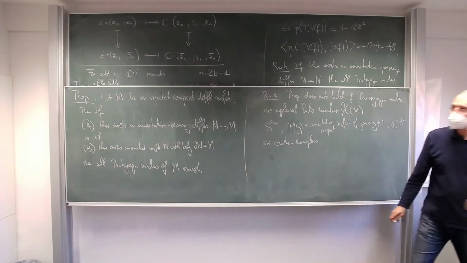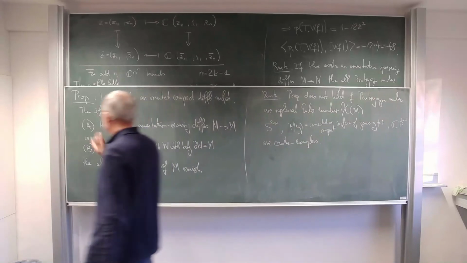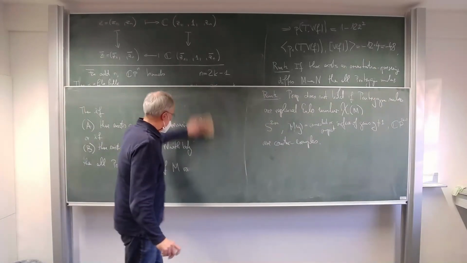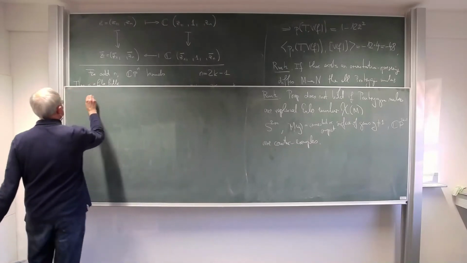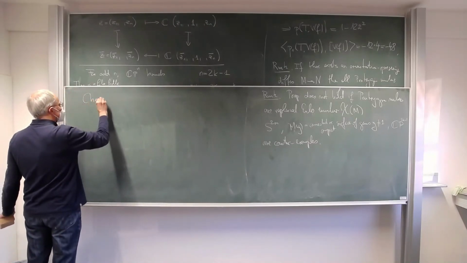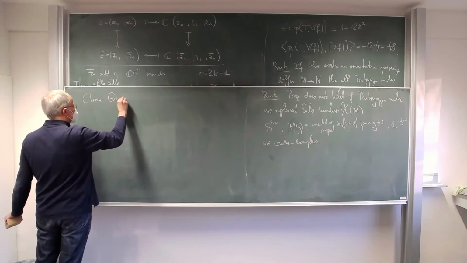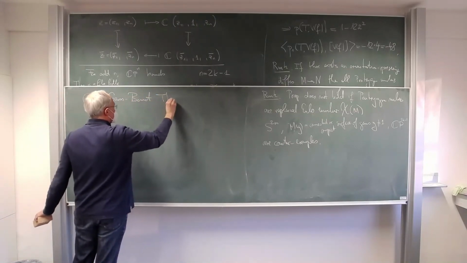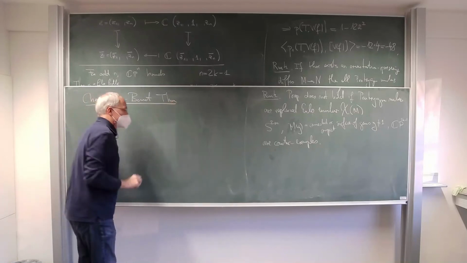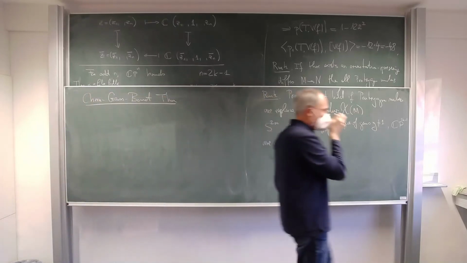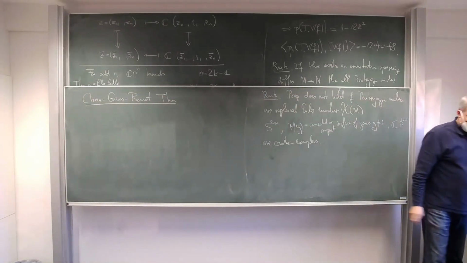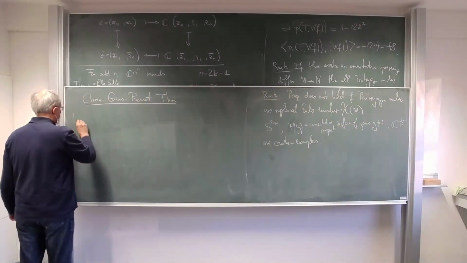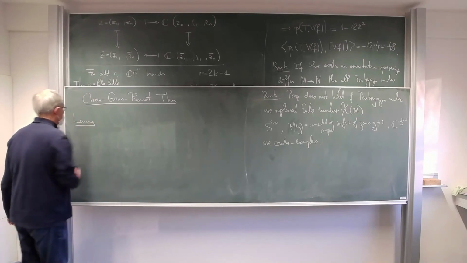So then the next section, I want to discuss the Chern-Gauss-Bonnet theorem. I've stated it without proof, and we want to prove it. And to start, let's look at the following simple lemma.